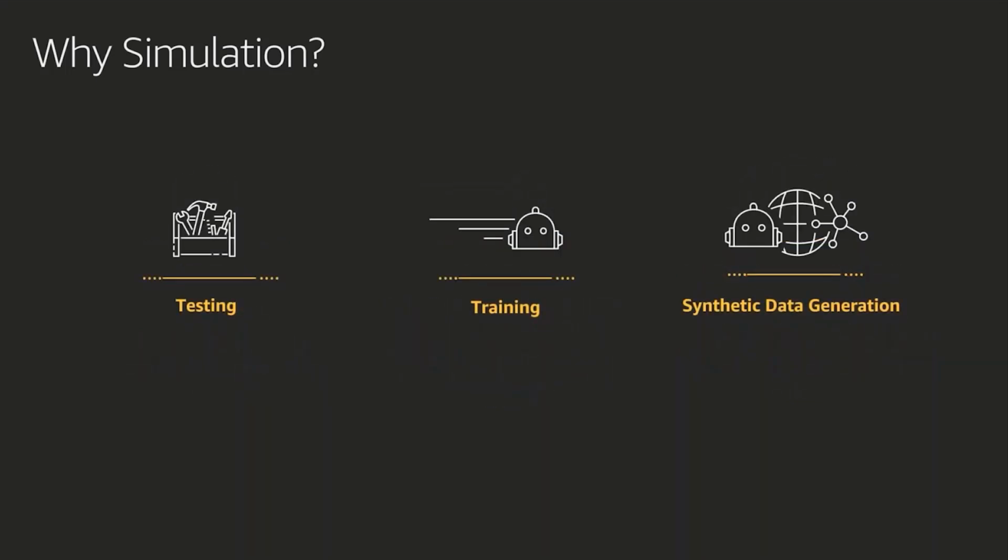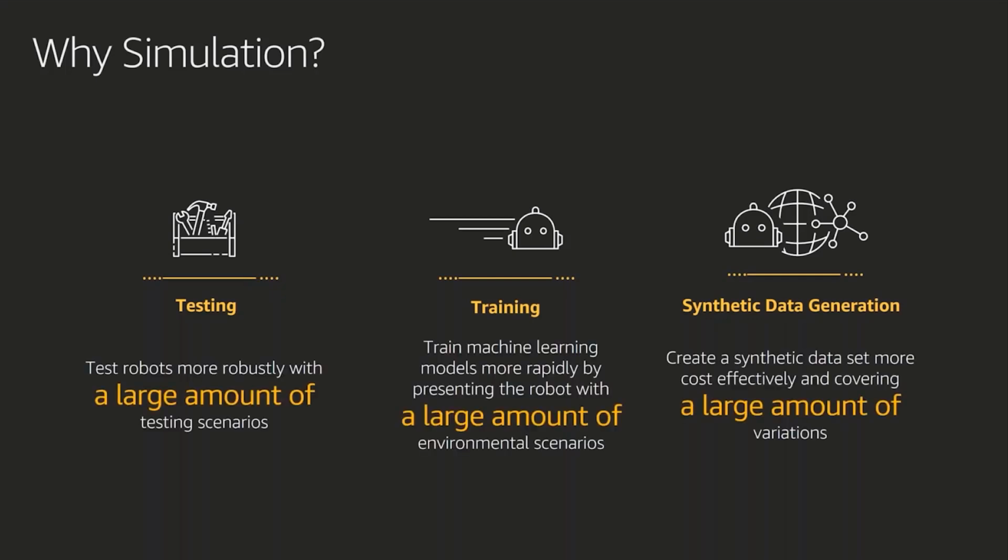Now, some of you might have noticed that there is a consistent pattern across using simulation for these different use cases. And that is, you get the most value out of simulation when you run a lot of these simulations. You get much more robust testing because you're covering a lot of different testing scenarios and cases.